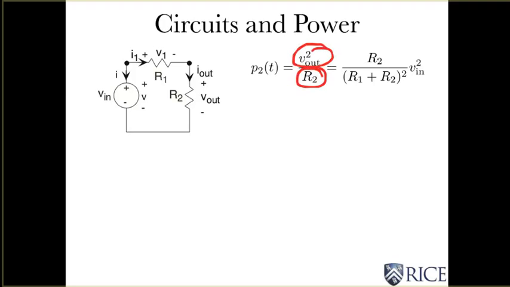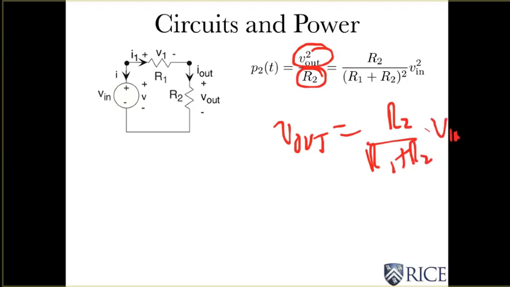That's V times I for a resistor. And since we solved for the output voltage, we might as well use this version of the formula. So what we get is that the output voltage, just to remind you, was R2 over R1 plus R2 times Vn. So you square that and divide by R2, you get that.